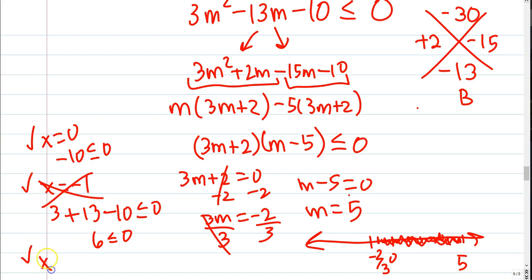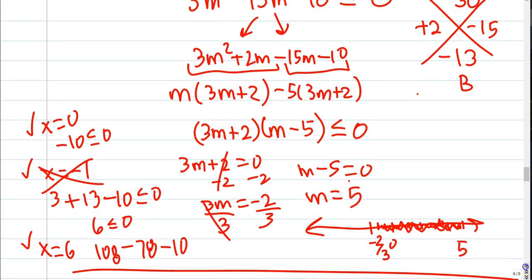I could check 6. That would be kind of big, but that'll work. 36 times 3 would be 108, minus 78, minus 10. 108 minus 88 is 20 less than 0. No. So it's only shaded in the middle.